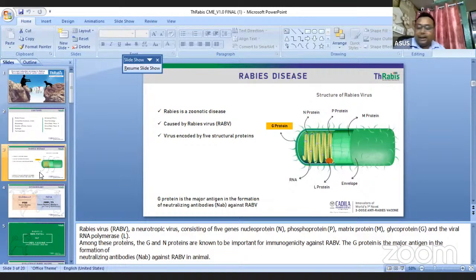First, we can see N protein, nucleoprotein; P, phosphoprotein; M, matrix protein; G, glycoprotein; and L, RNA-directed RNA polymerase. G protein is the major antigen in the formation of neutralizing antibodies against the rabies virus.